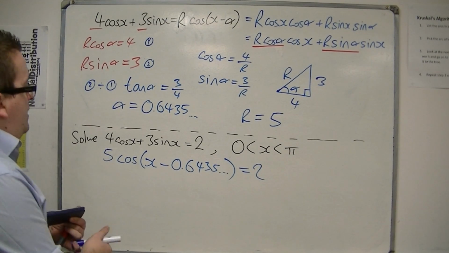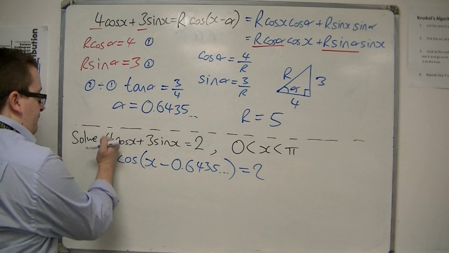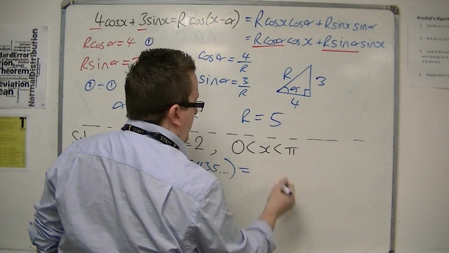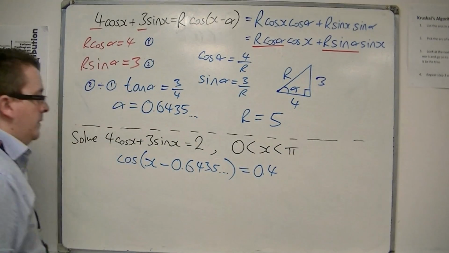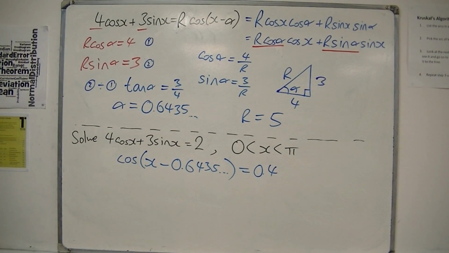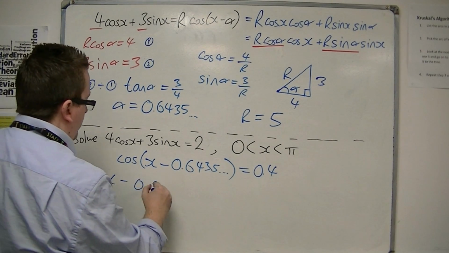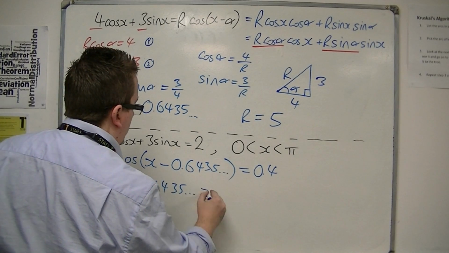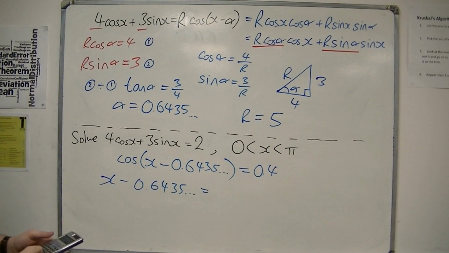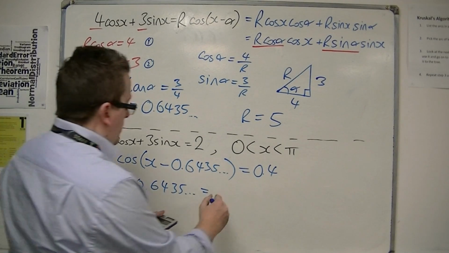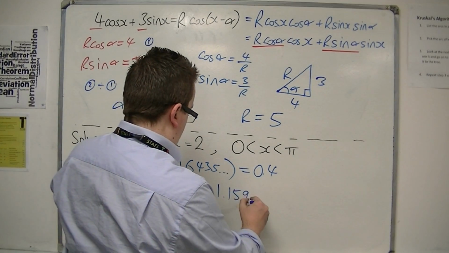So first of all, divide both sides by 5. So 2 divided by 5 is 0.4. Then you can inverse cosine both sides. So x minus 0.6435 is equal to inverse cos of 0.4, which is 1.15927.